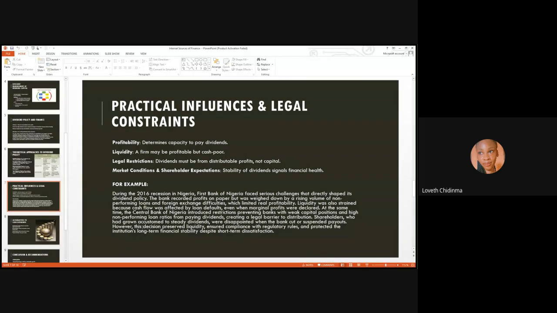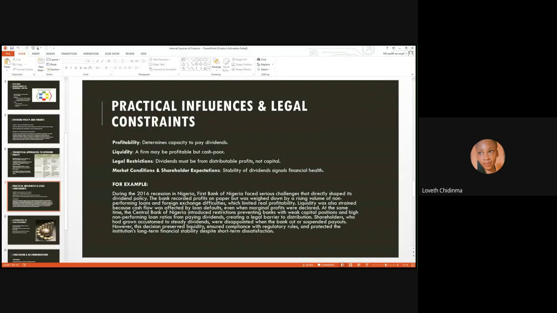Shareholders who had grown accustomed to steady dividends were disappointed when the bank cut or suspended payouts. However, this decision preserved liquidity, ensured compliance with regulatory rules, and protected the institution's long-term financial stability despite short-term dissatisfaction. I hope we understand, because this is talking about policy that guides banks, their loan payouts and recovery.